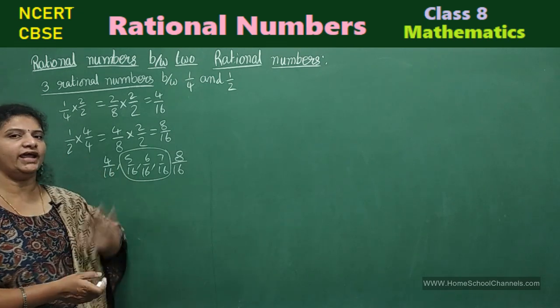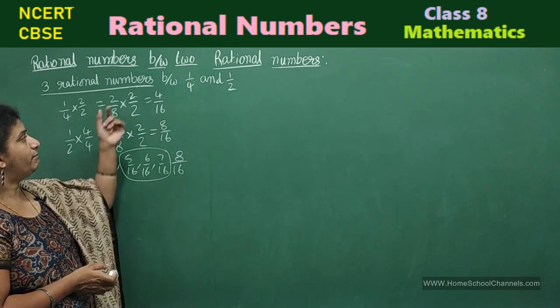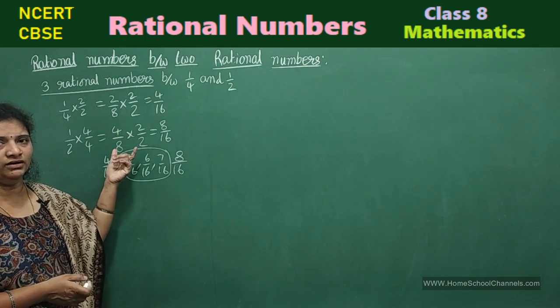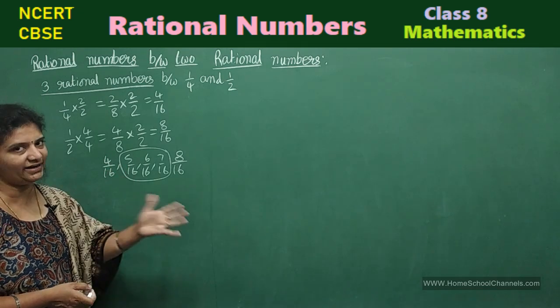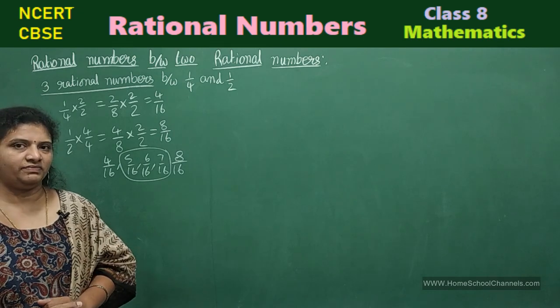Suppose they give you 10 rational numbers, is it possible here? No. Then multiply with some other number and then write the 10 rational numbers. This can also be done in another way.